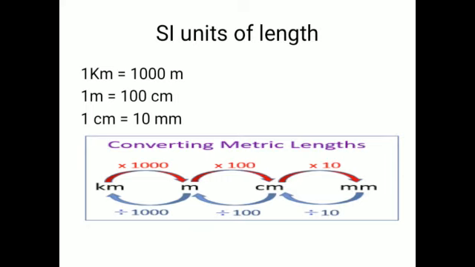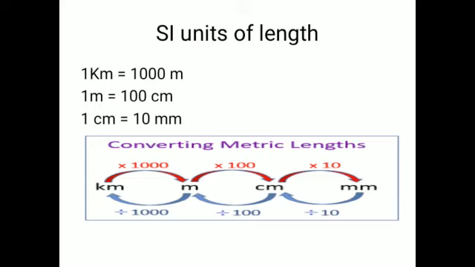Now more about it. As we all know now, meter is the SI unit of length in the SI system. But what about kilometers, centimeters and millimeters? I told you that we are using the metric system for the conversion of bigger units into smaller ones.